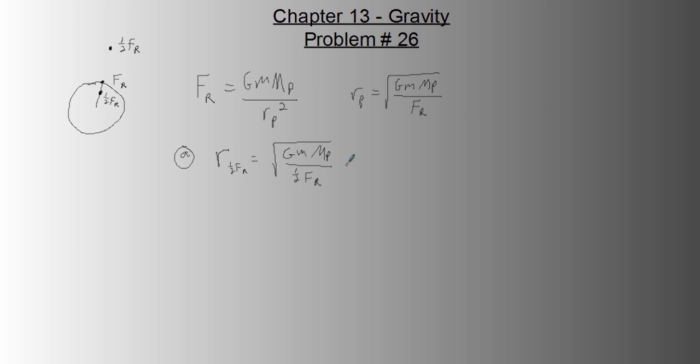And you should be able to see that you could actually rewrite this, so 2 over 2, these cancel, so the 2 is on the top here, and you could pull out a square root of 2.